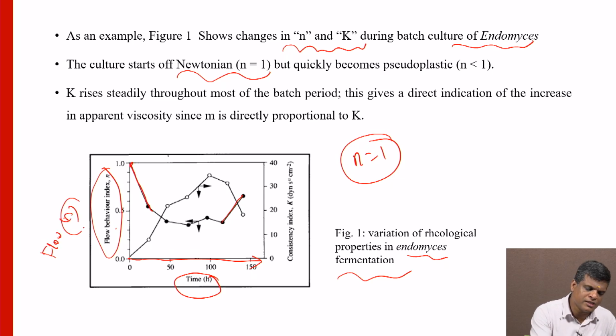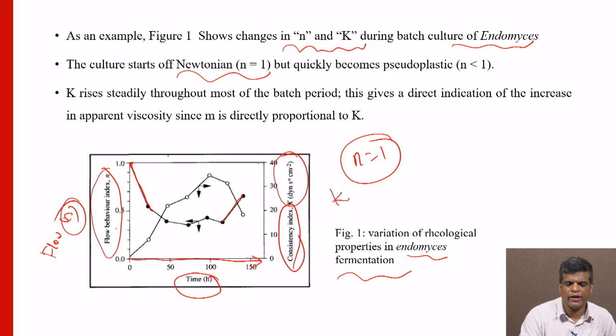N is dimensionless, just a number, whether 1, 2, 3, or less than 1. The same goes for the consistency index, K. K increases with respect to time, steadily throughout most of the batch period.